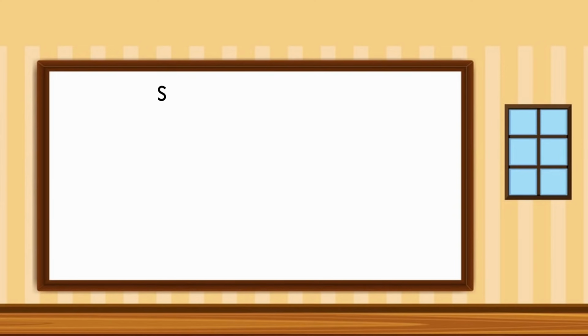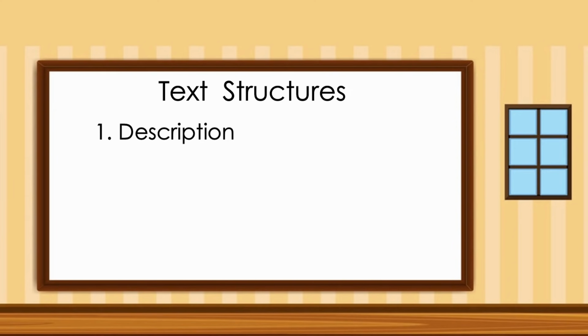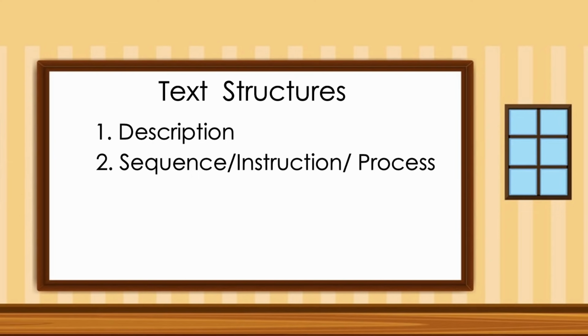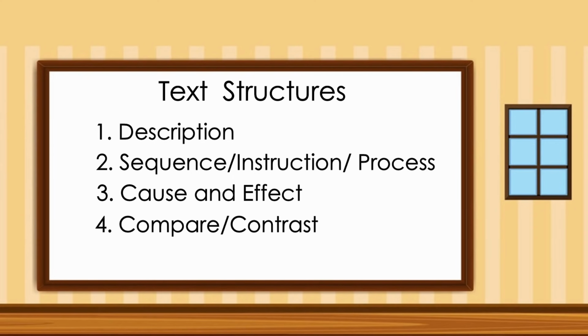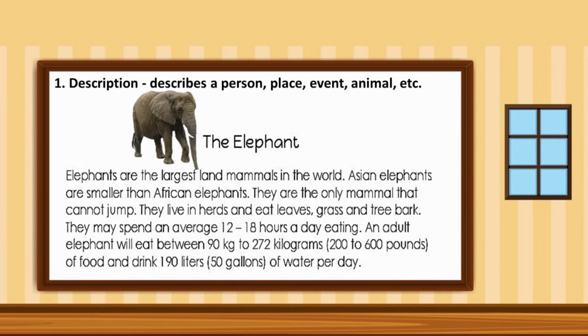The different text structures that we will focus on are: first, description; second, sequence, instruction, process; third, cause and effect; fourth, compare contrast; and fifth, problem solution. Description. Description describes a person, place, event, animal, etc. Here is an example of a description text.